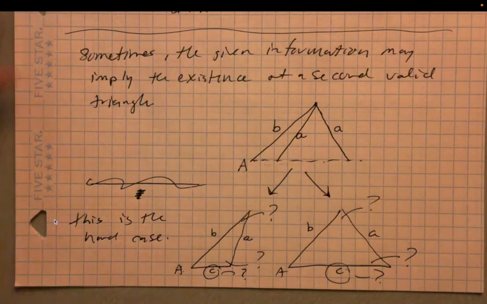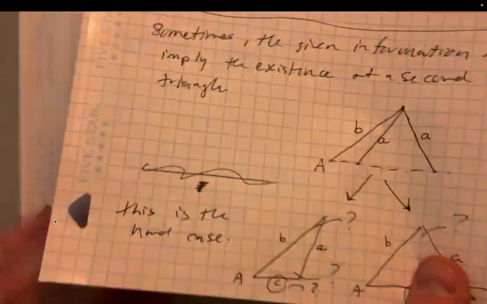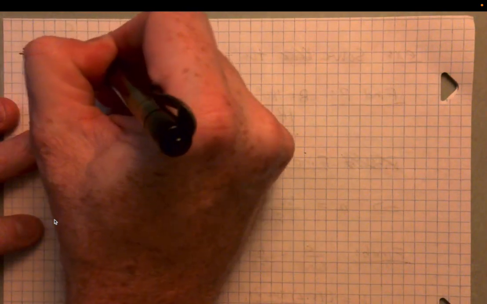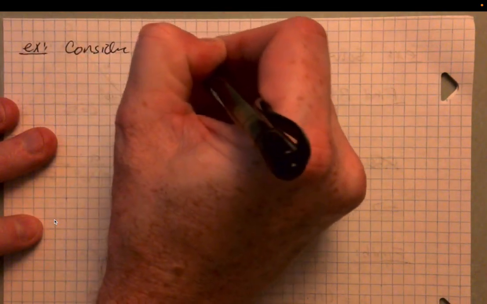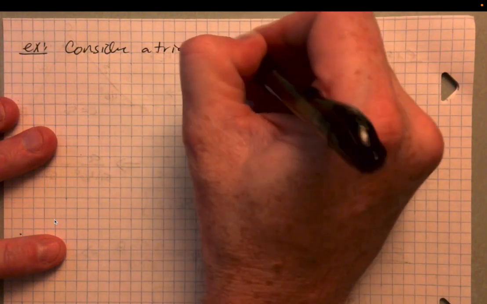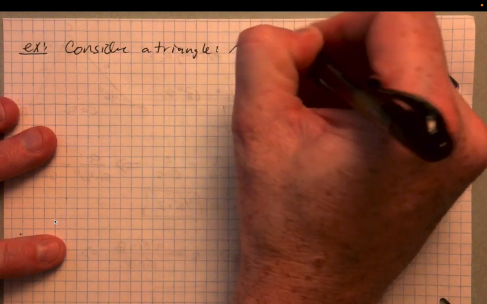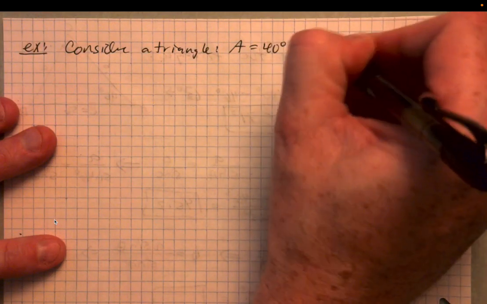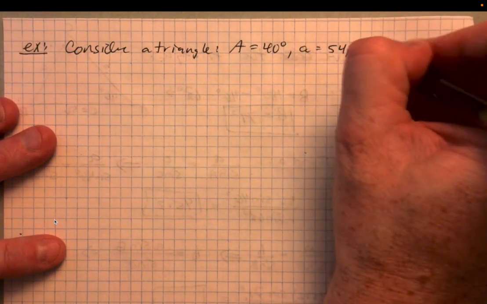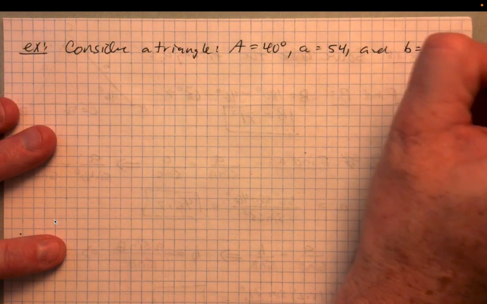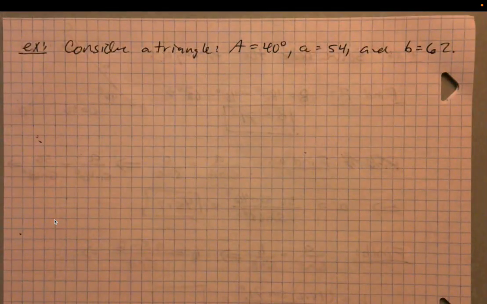Okay, let's do an example of this hard case and just see what shakes out when we look at this. Let's do an example like this. Okay, so let's consider a triangle where A equals 40 degrees, little a is 54, and B is 62. Okay, so we know the ratio A over sine of A. We can see that both of those are given.